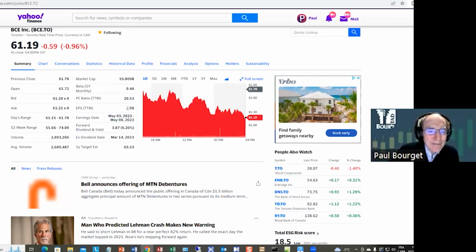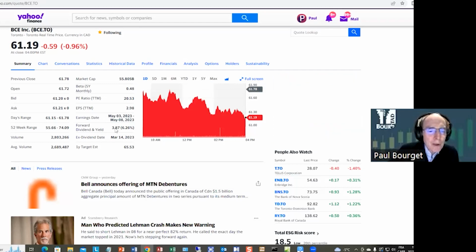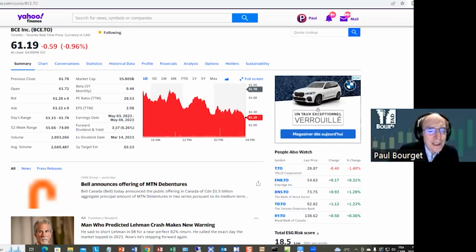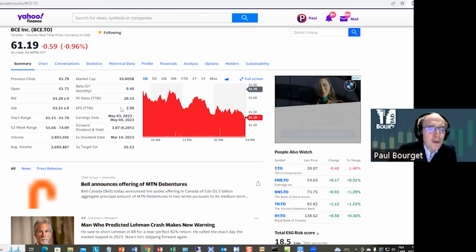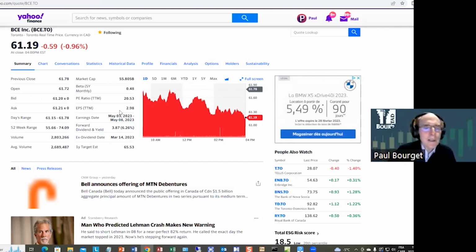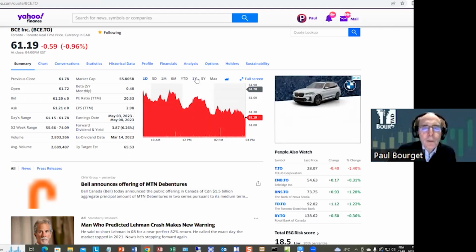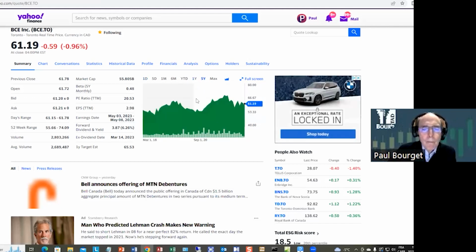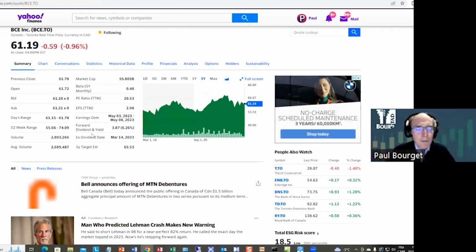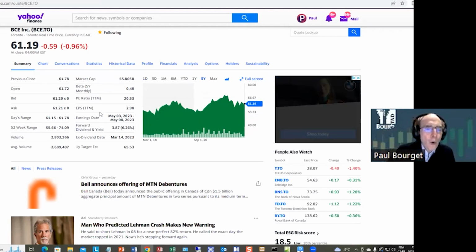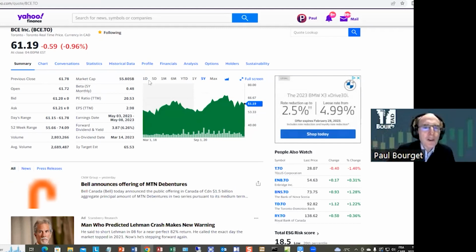So we can see that the earnings per share is lower than the annual dividend. It's not a situation that could last. So there must be some reason to believe that the earnings per share of BCE will increase substantially in the coming quarters. But the market has not lost confidence in this corporation. So we can assume that the market generally believes that the low earnings is a temporary situation.